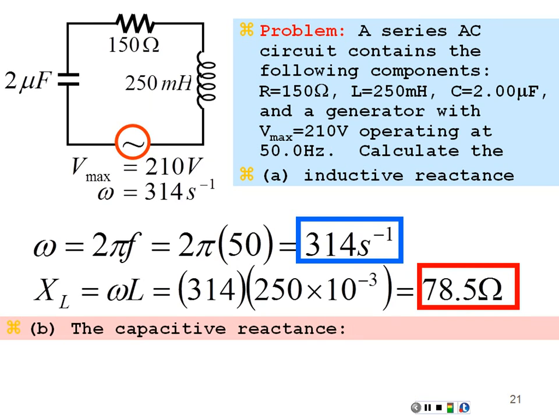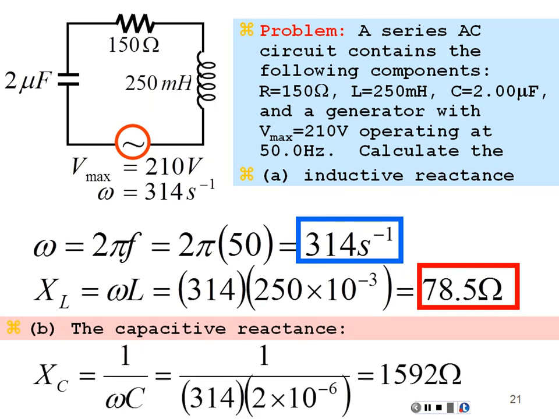What's the capacitive reactance? Well, that's going to be 1 over omega times C, 1 over 314 times 2 microfarads, and 1 over that gives us 1592 ohms. So right off the bat, I can say that this particular circuit is more capacitive than it is inductive, because the capacitive reactance is greater than the inductive reactance.